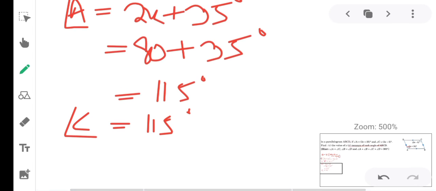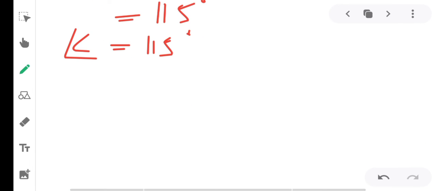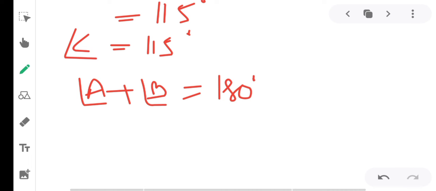Now angle A plus angle B equals 180 degrees. Adjacent angles of a parallelogram are supplementary. So angle A plus angle B equals 180 degrees.